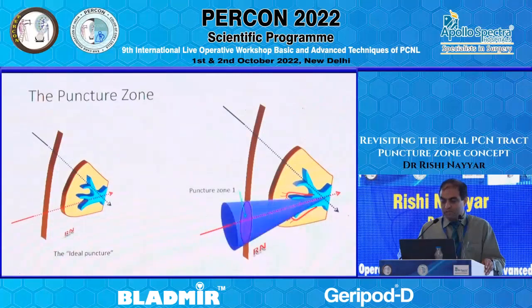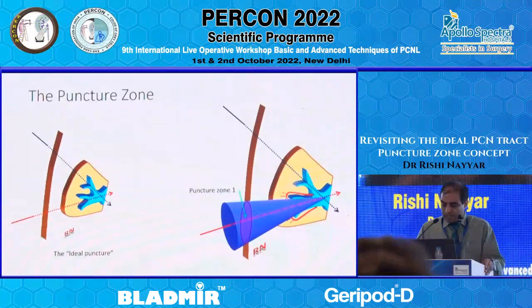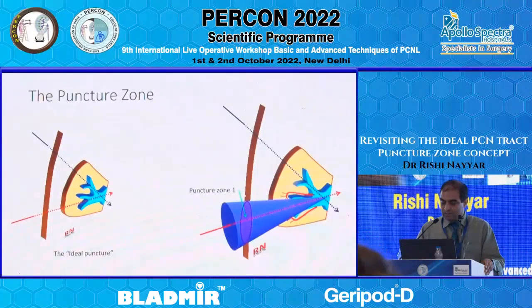What we mean by puncture zone is an imaginary cone, the largest imaginary cone that can fit into any calyx. This defines the ideal puncture zone for that calyx, and any point on the skin which falls within this cone can provide an ideal puncture tract for that particular calyx.